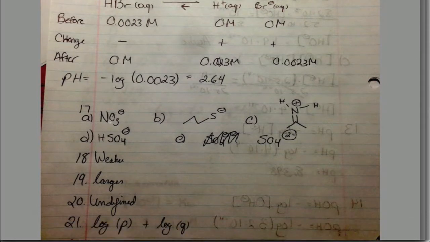All right, this is good for 17. How do you know that this will have a negative sign? Because it lost the hydrogen. What was the sign on the hydrogen? Neutral. Well, if it lost something neutral, it would stay neutral, wouldn't it?